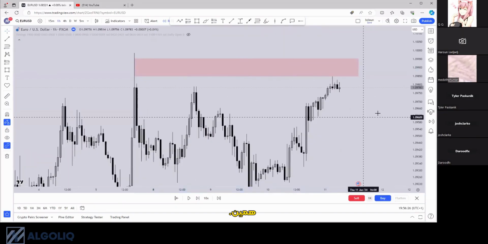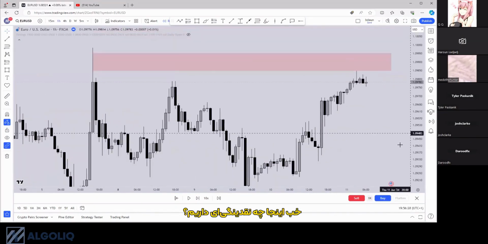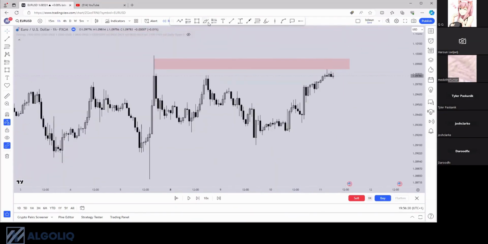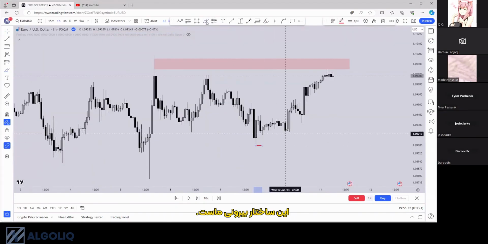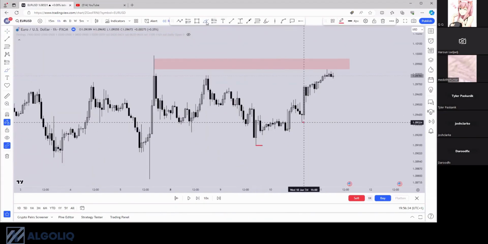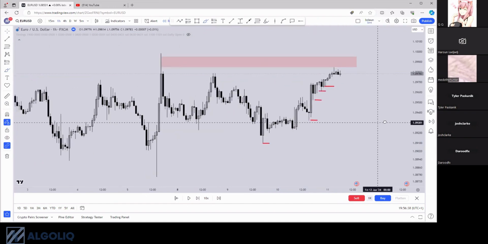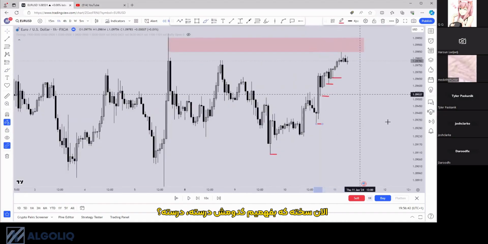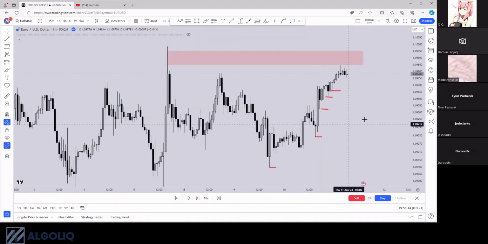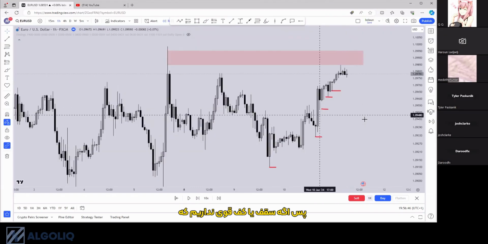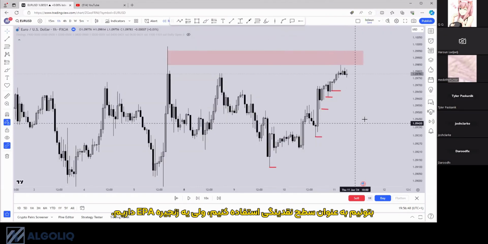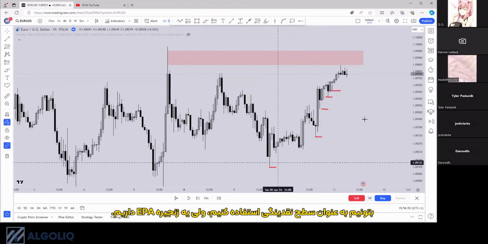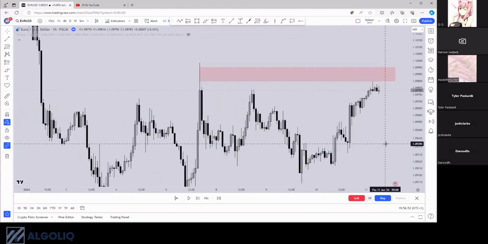Let's do this. So what liquidity do we have here? This is our external structure. And now it's hard to choose which one is correct, right? So we don't have any strong highs, strong lows that we can use as liquidity level, but we have EPA chain right here.